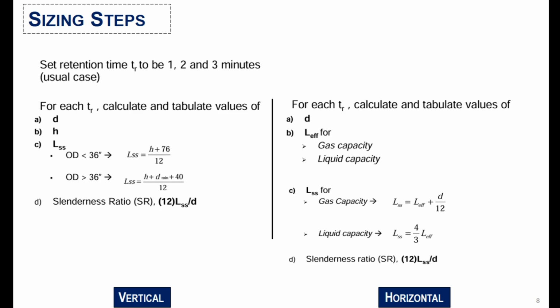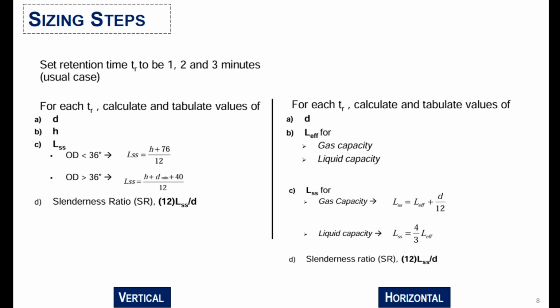Moving on, we calculate the set of values using different retention times of 1, 2, and 3 minutes. We calculate the set containing the diameter of the separator, height of the separator, seam to seam length, and slenderness ratio.